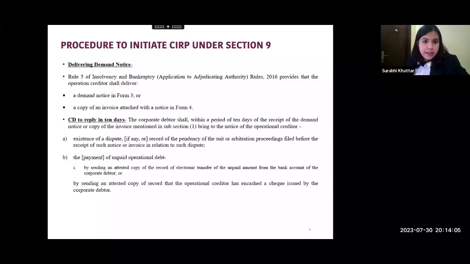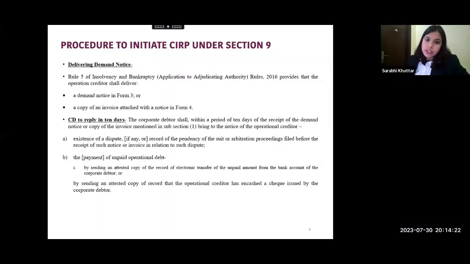Either they can pay the debt that is due, or they can show how the debt is disputed prior to the issuance of the demand notice. So they will have to show existence of dispute or pay the debt. If neither is done, then the operational creditor is free to approach NCLT in a format, again, that is prescribed for filing a Section 9 application.